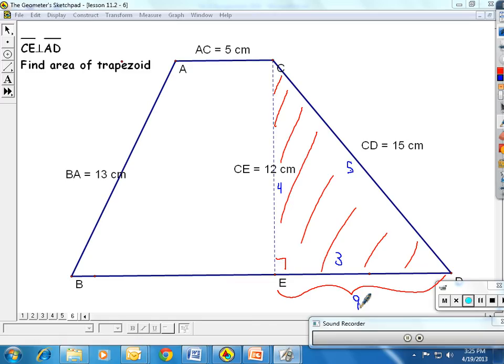This is 9 units. So therefore this area is 1/2 times the base, which is 9, times the height, which is 12. Okay, that is 6 times 9, or 54 centimeters squared.